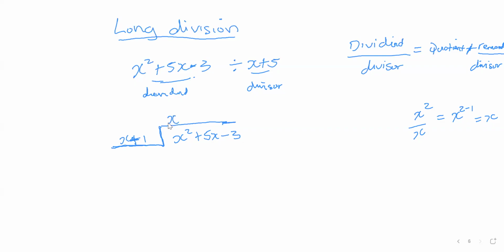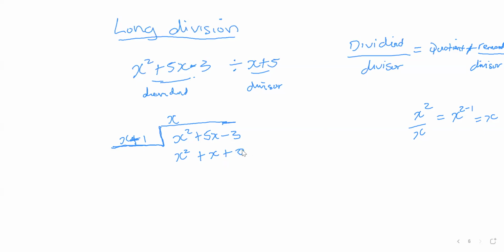Then take that answer and multiply each term in the divisor, put the answer down there and subtract, and keep repeating that process until you can no longer divide. So this x times this x is x squared, and this x times 1, positive 1, is positive x. Plus 0.